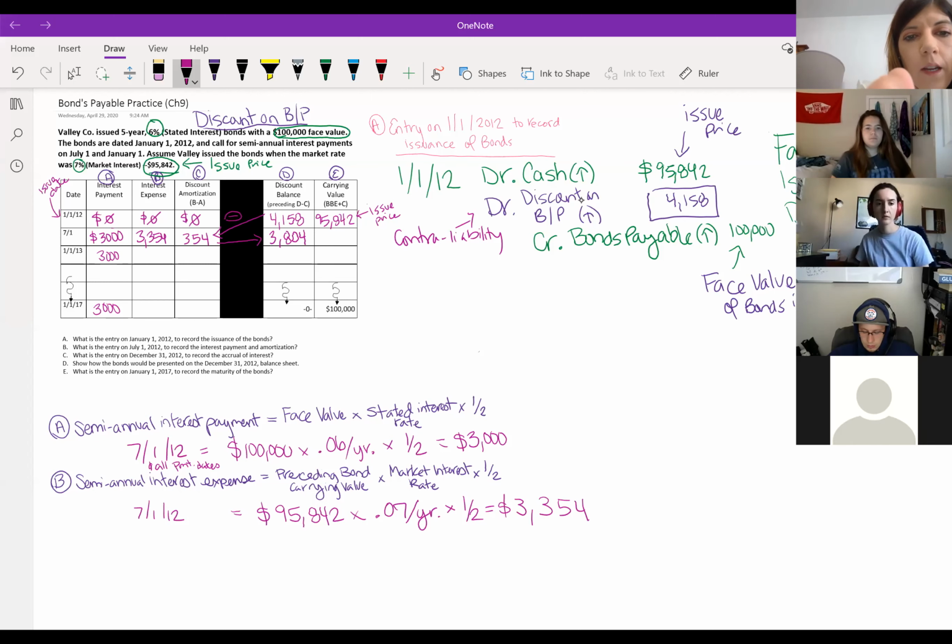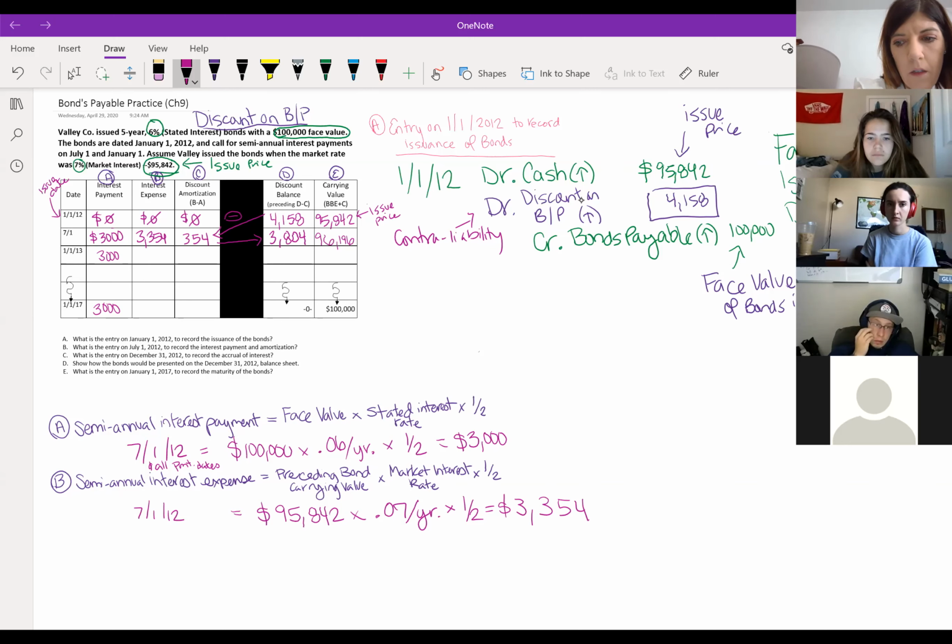And our bond carrying value at July 1st becomes 96,196. Slowly increasing so that at maturity, the bond carrying value equals 100,000, which is face value. Does that one make sense?